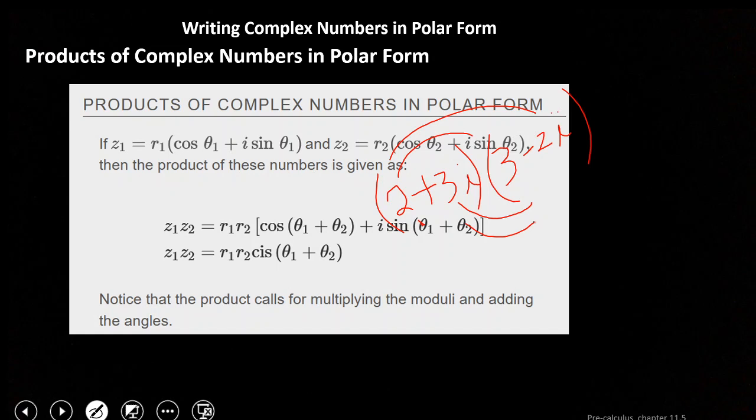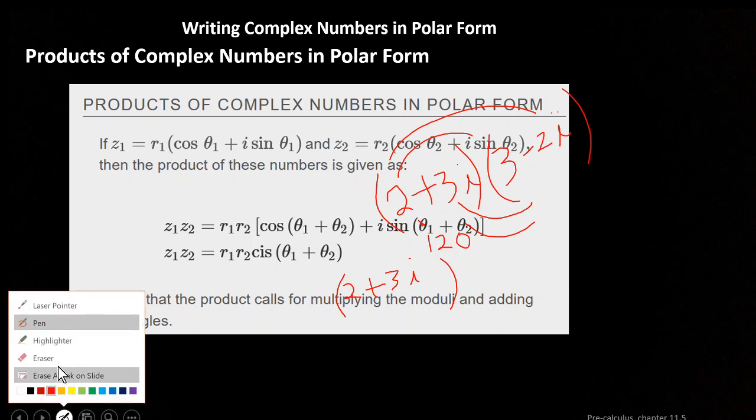Now that's fine if you have 2 or 3 complex numbers, but if you want to take a complex number, let's say 2 plus 3i, and you want to raise it to, let's say, the 120th power, how do you do that? You have to write it 120 times and multiply. It takes forever. So that's not the way we do it.